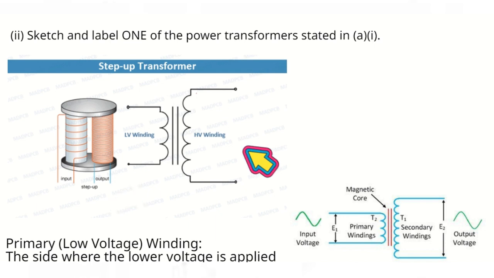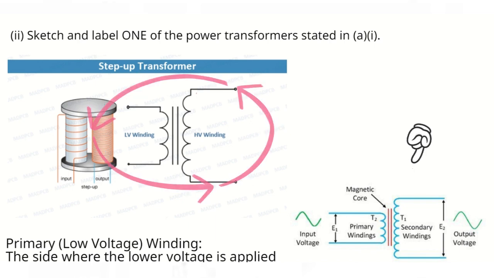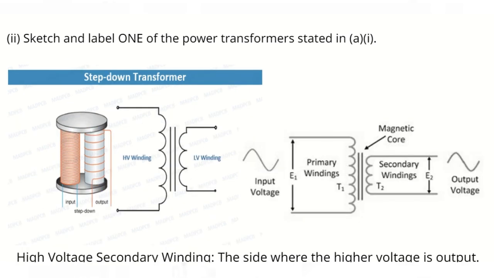All you would be required to do is to draw the two windings, such as a diagram looking like this or like this, and then label the primary side and secondary side. That would suffice. They ask you to label one, but I'm showing you both. The second one would be a step-down transformer. Now the primary side would have more turns than the secondary side.